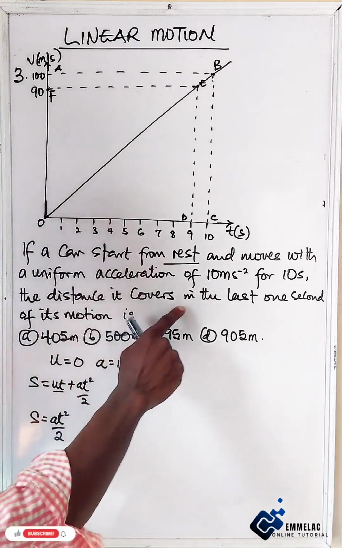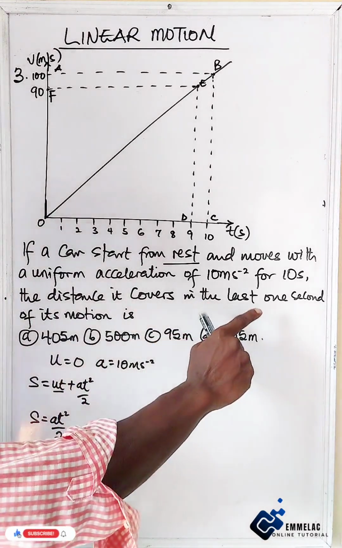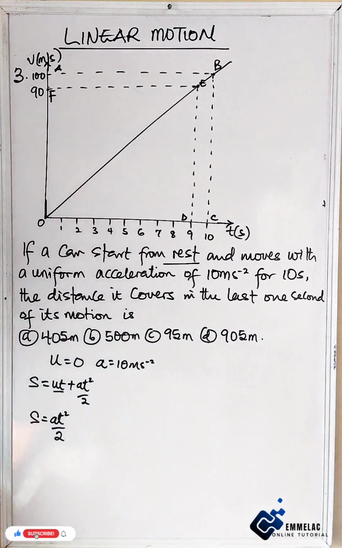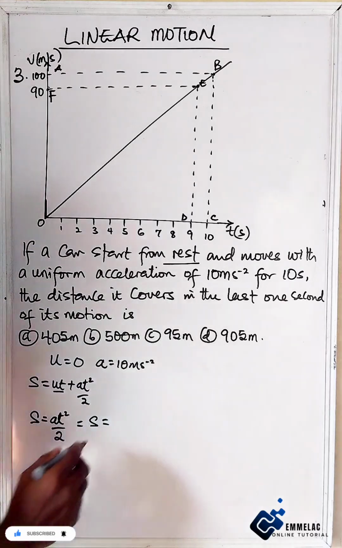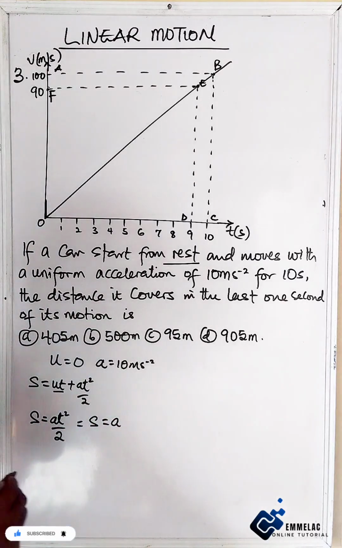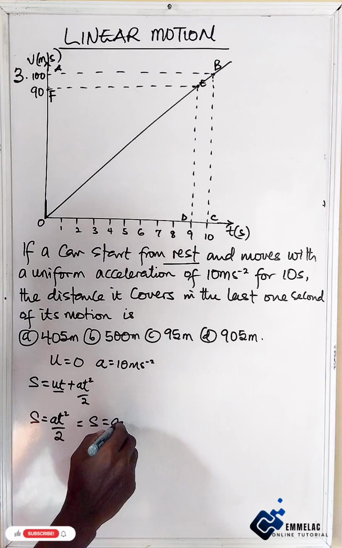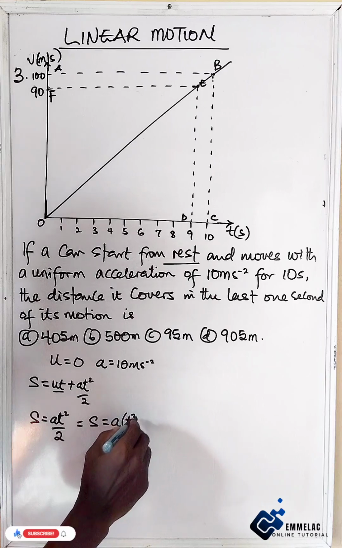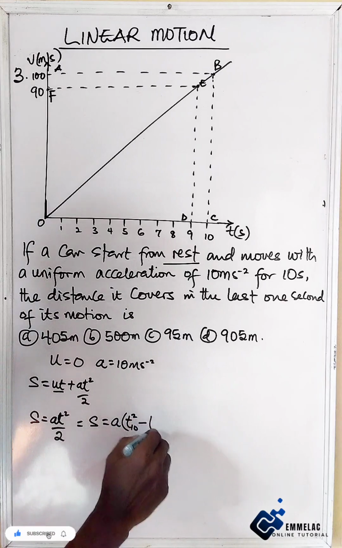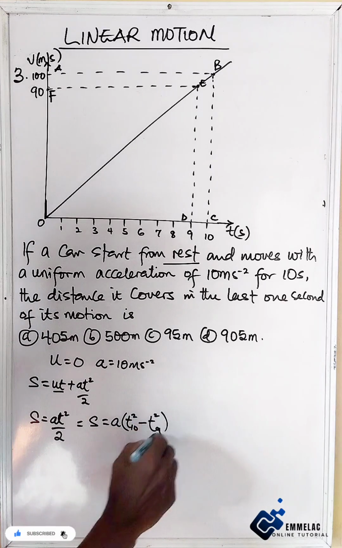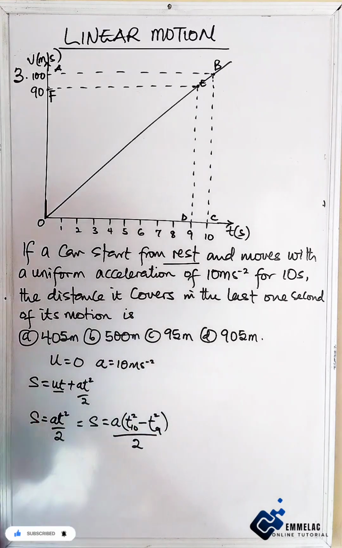Since we are asked to find the distance in the last 1 second, the distance will become a times t squared for the 10th second minus t squared for the 9th second, all over 2.